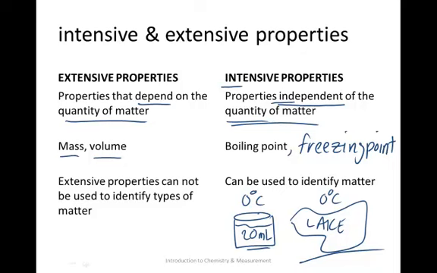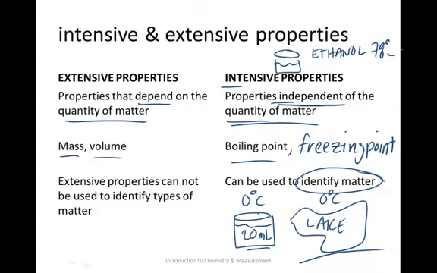Okay. One of the aspects about intensive properties is they can be used to identify matter. Okay, extensive properties cannot. If you have a sample of a colorless liquid, one of the things you can do is determine the boiling point of that liquid. Okay, ethanol has a boiling point around 78 degrees Celsius.